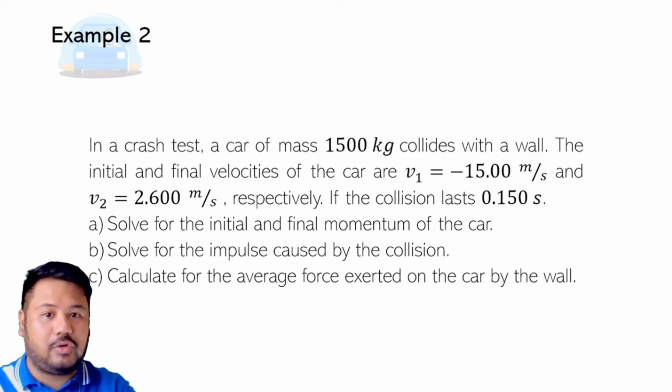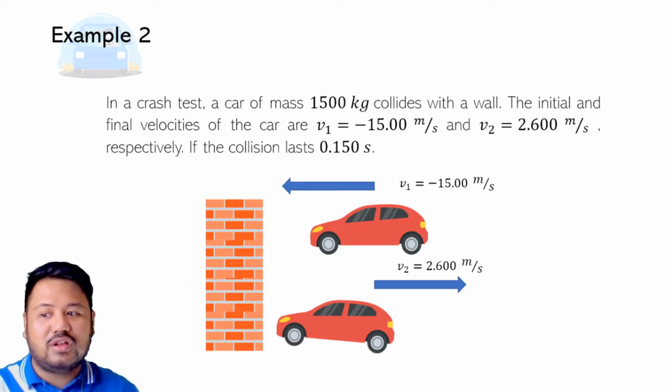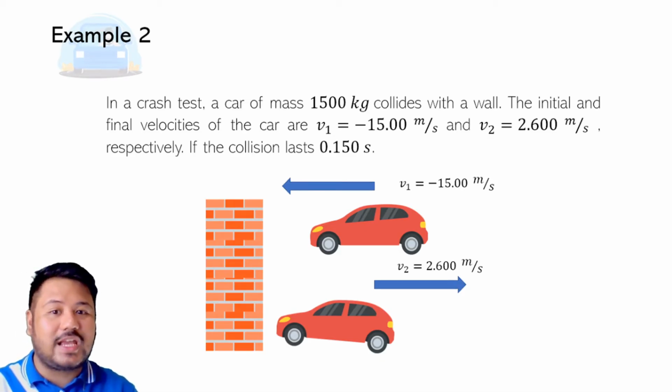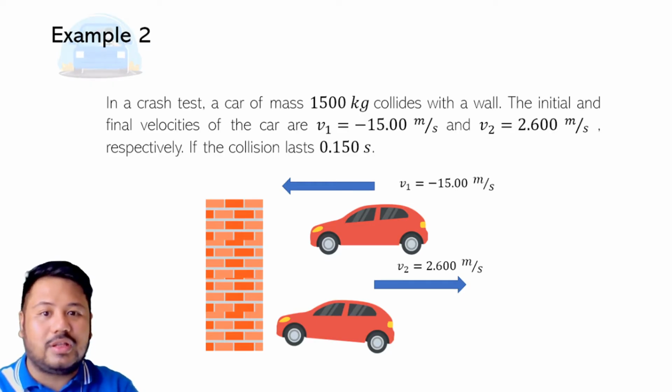We could now illustrate our problem. We could have this illustration where you have v1, a velocity of negative 15 meters per second, which is going to the left, and you have v2 that is going to the right at 2.600 meters per second. Take note that momentum will always use the velocities. That's why we need to make sure that we include the directions.